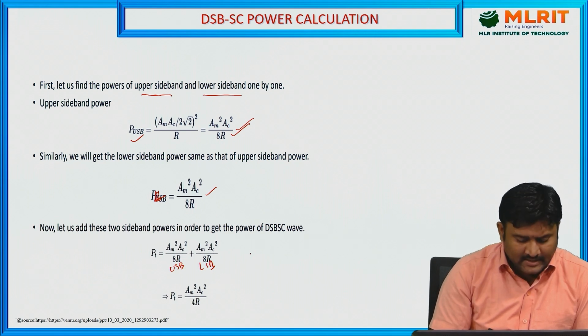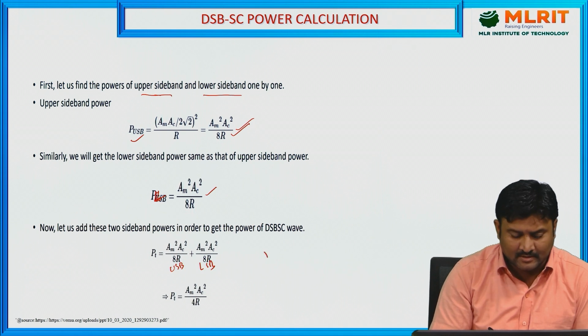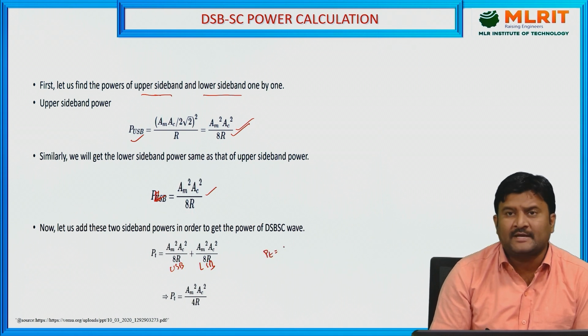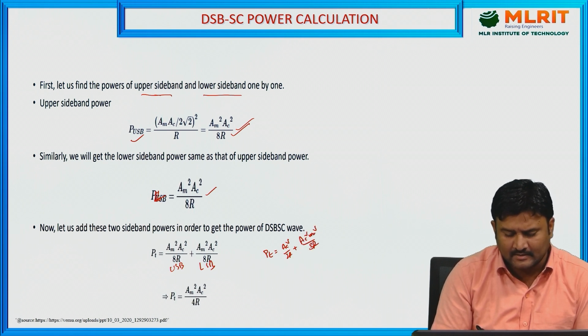In the case of amplitude modulation, the total power PT is equal to AC square by 2R plus AC square MA square by 8R plus AC square MA square by 8R. When you simplify this equation, PT is equal to PC into 1 plus MA square by 2.